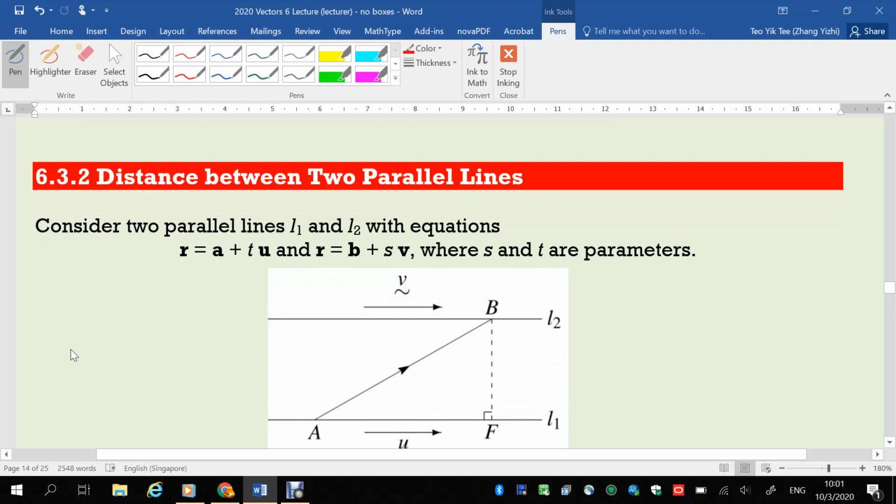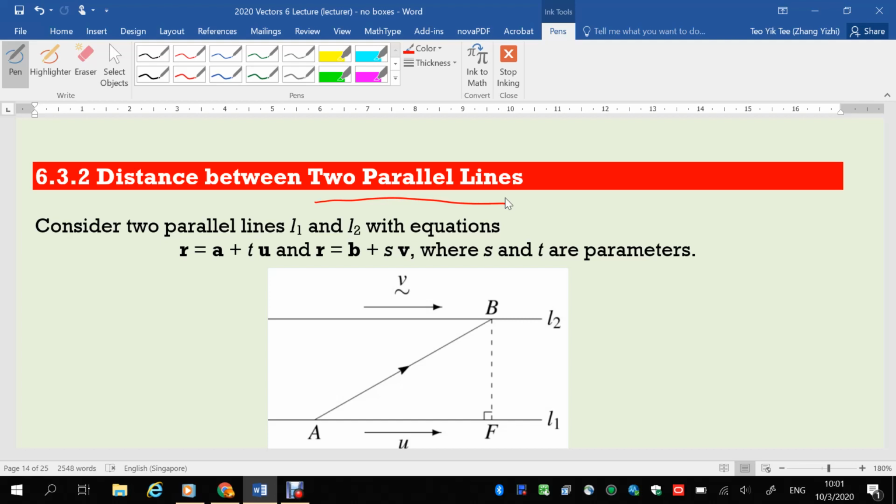How about instead of a point to a line, can you find the distance between 2 parallel lines? At this point, I want to emphasize, if the 2 lines are not parallel, there's a chance that the lines totally don't intersect, or there's a chance that the lines will 100% intersect.